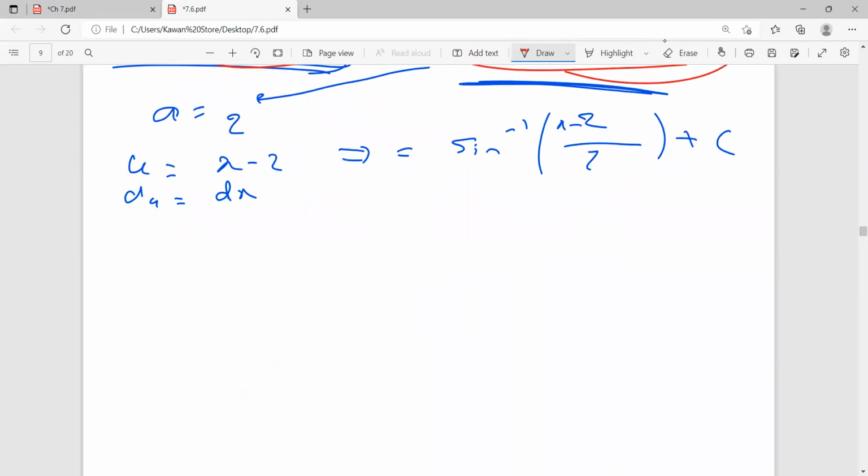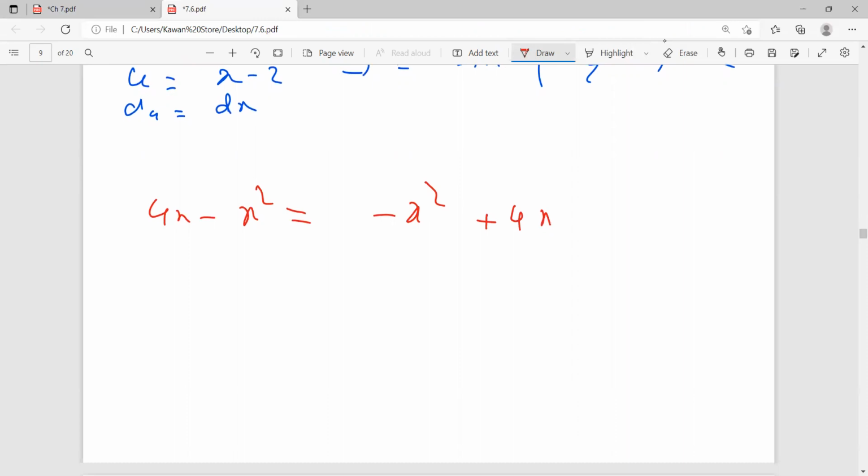So I'm going to give you 4x minus x squared, which is equal to minus x squared plus 4x. Am I right? Understood?